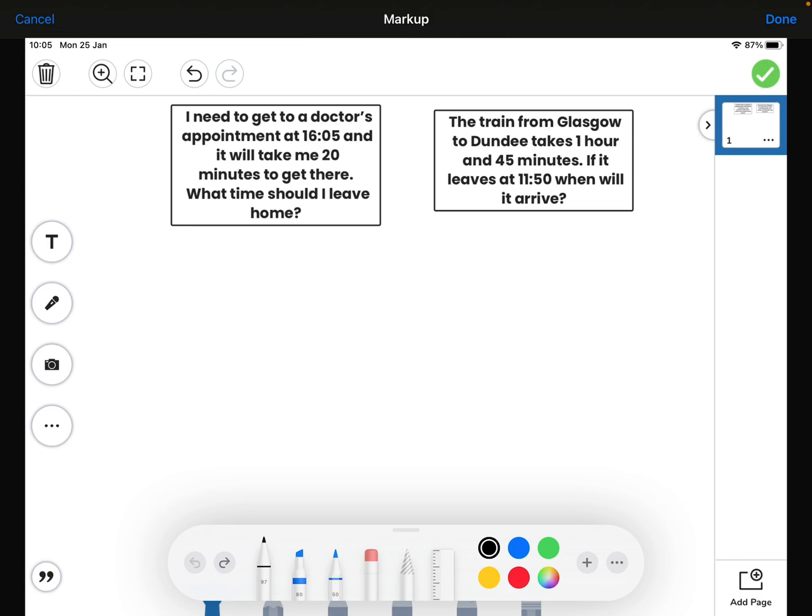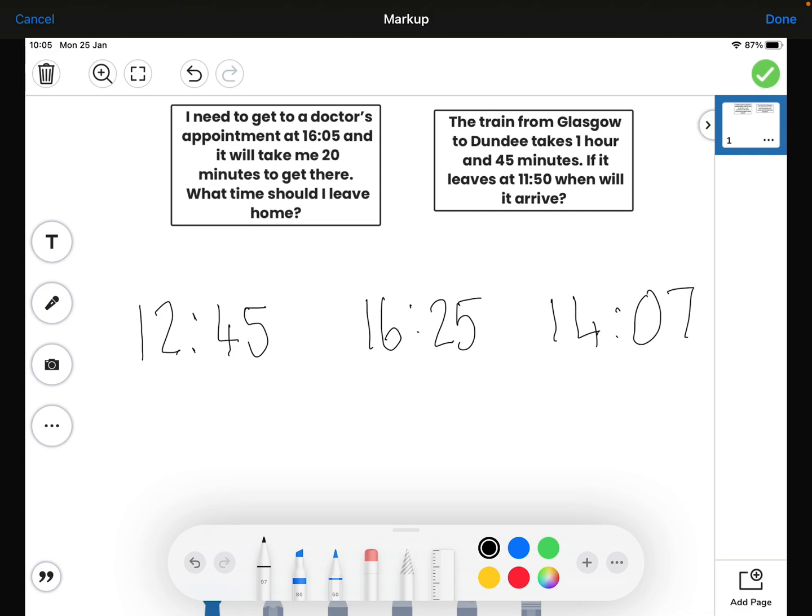So, the times I am going to give you are... Okay, 12:45, and I'm going to give you 6:25, and I am going to give you, and this is the hard one, okay, 14:07.